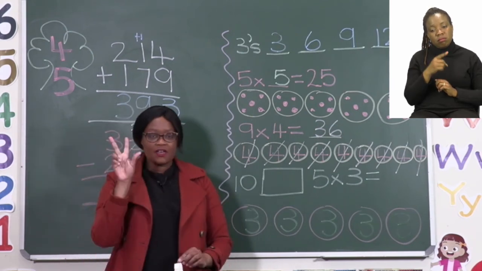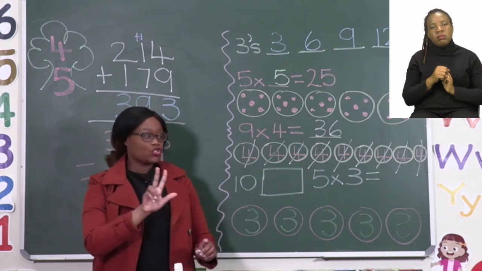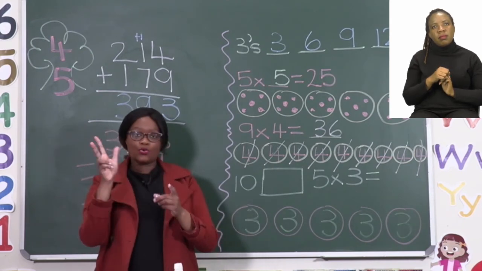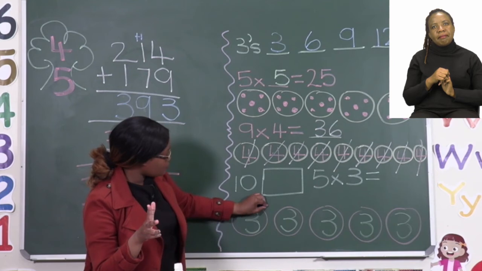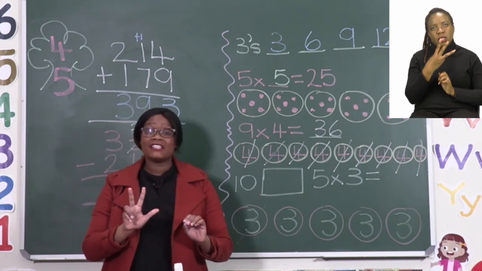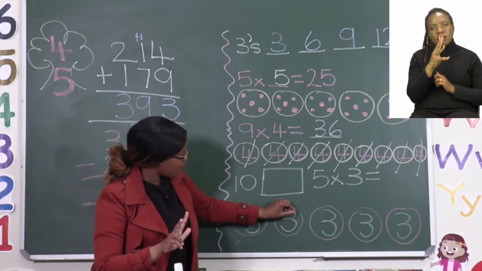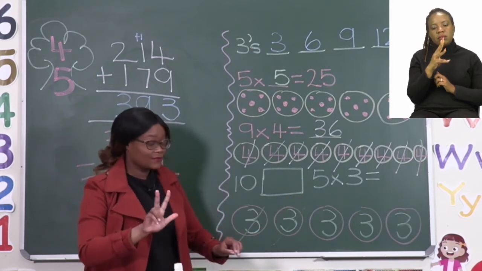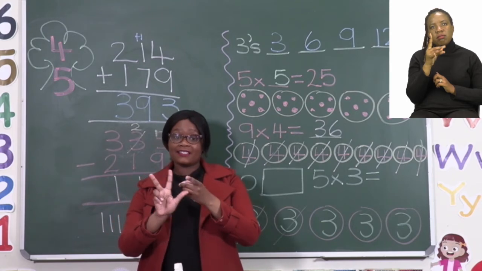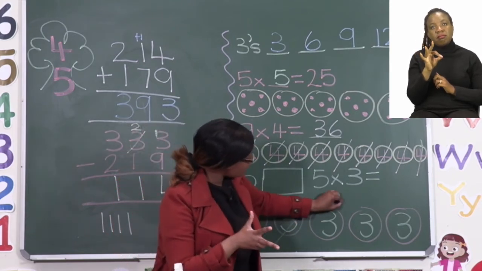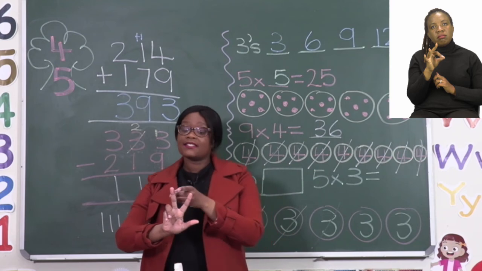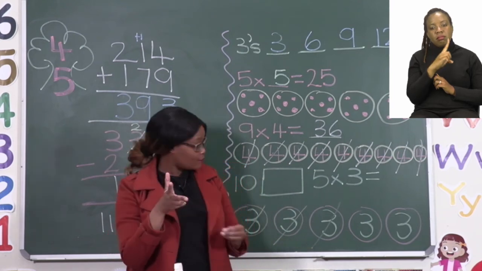First thing first, my 3 fingers are up. So I say 1, 2, 3. I have counted the first set. Now I need to count on 4, 5, 6. I've counted the second set. 7, 8, 9. I've counted 10, 11, 12.